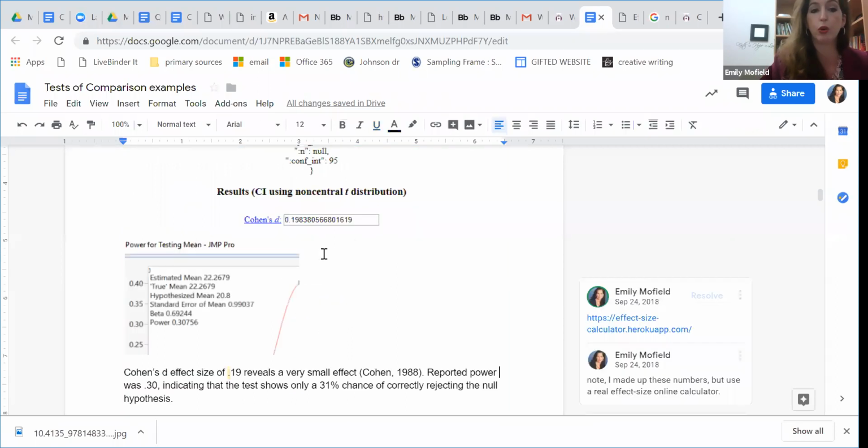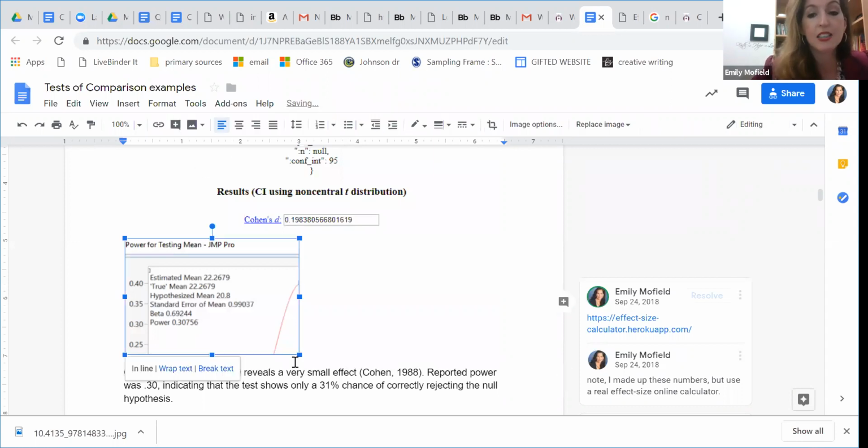You actually don't even have to worry about what that is. Then it turns out the Cohen's d value is a 0.19. I'm going to round that up to a 0.20. Okay, so if this were significant, I would say Cohen's d effect size, and d is always going to be italicized, reveals a very small effect.